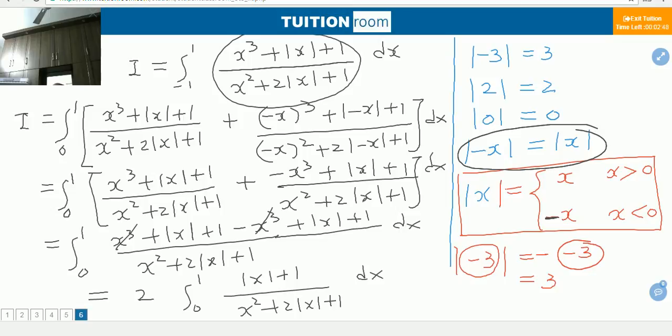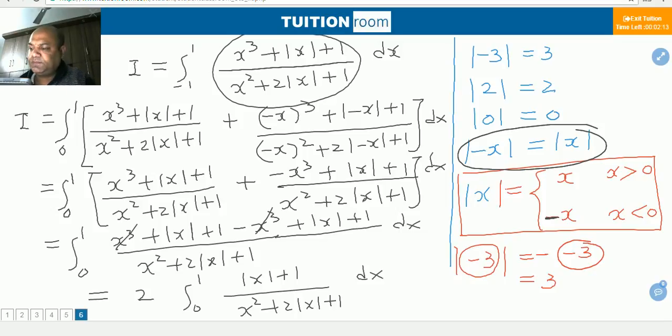Okay. Now I am proceeding with this problem further. I can write it as integral from 0 to 1 of 2 times mod of x plus 1 divided by x square plus 2 times mod x plus 1 dx. Now the integration variable is x here and the limit is for x. This limit is given as 0 to 1. This limit is for x, and x is between 0 and 1, that is, x is positive.